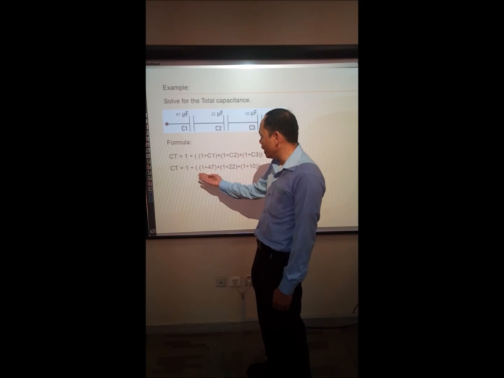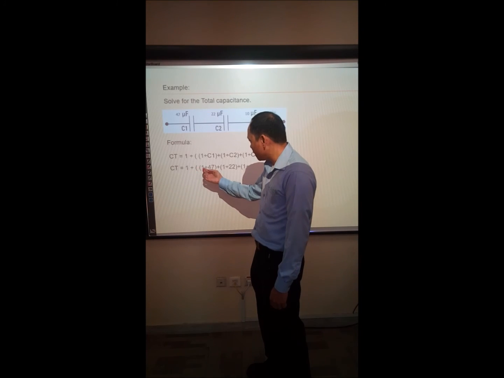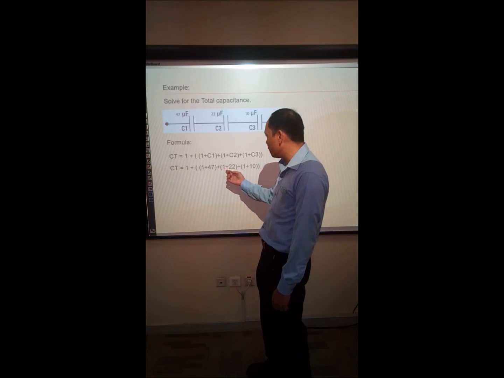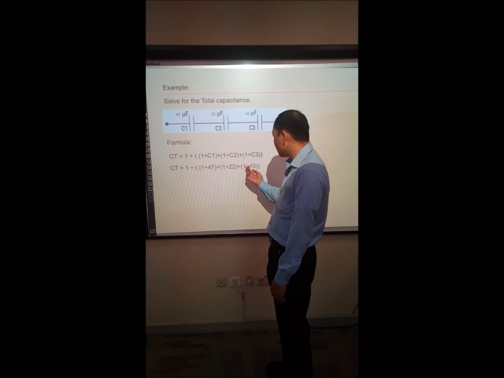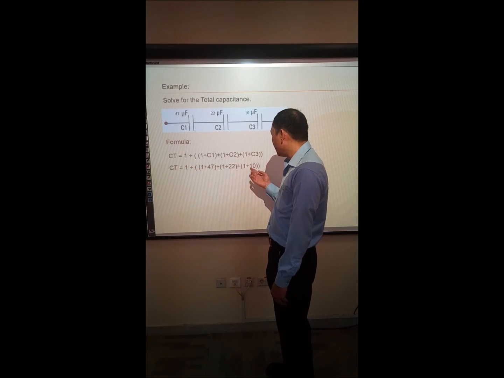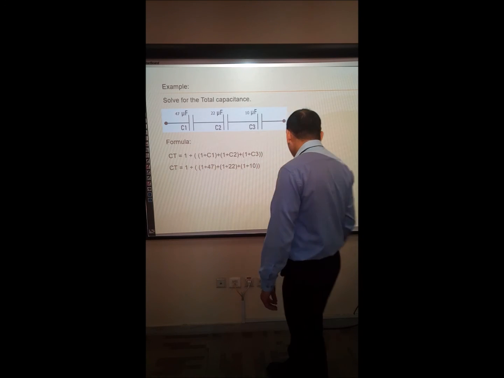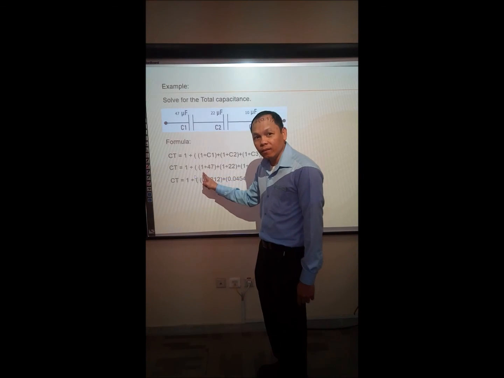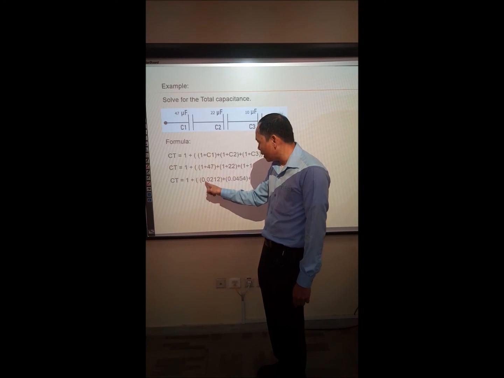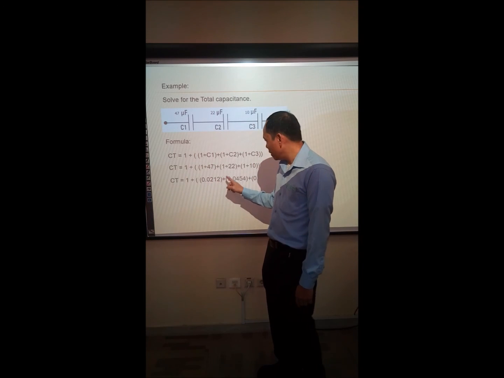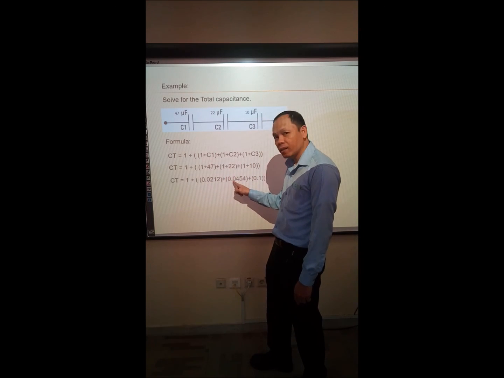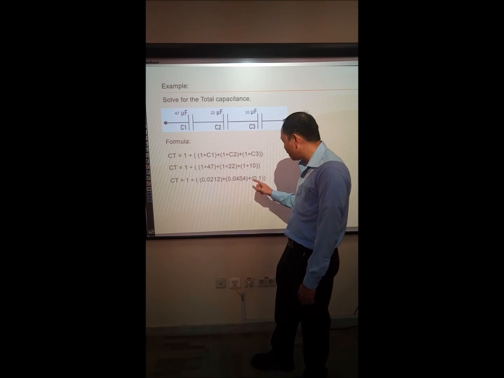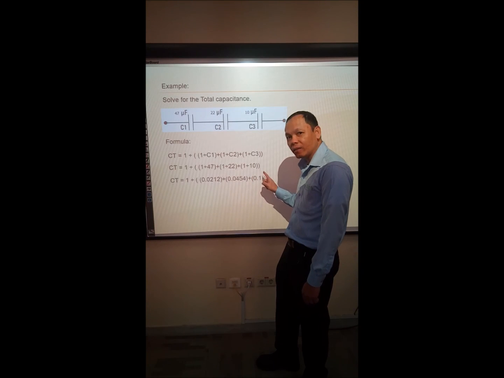So this is now what will happen to your formula. 1 divided by open parenthesis 1 divided by 47, close parenthesis, plus 1 divided by 22, plus 1 divided by 10. So 1 divided by 47 is equal to 0.021. 1 divided by 22 is equal to 0.0454. And 1 divided by 10 is equal to 0.1.